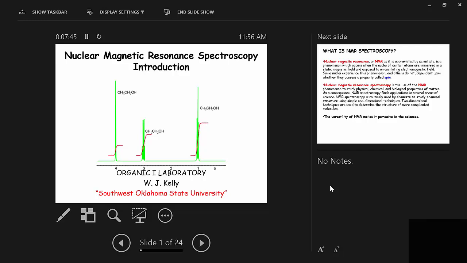Hund's rule says that when you fill energetically degenerate orbitals, you fill them one at a time with parallel spin. It turns out parallel spin is better, and what's better depends on the distance. If the two magnets are very far apart, there's no preferred orientation; it's totally random.